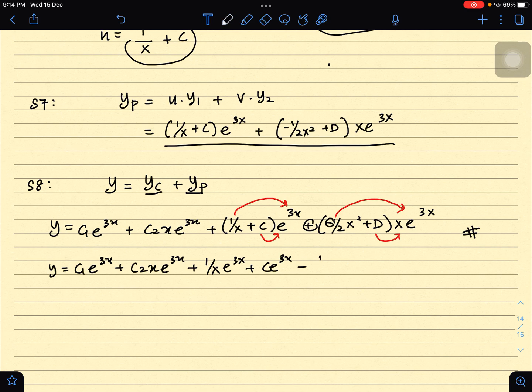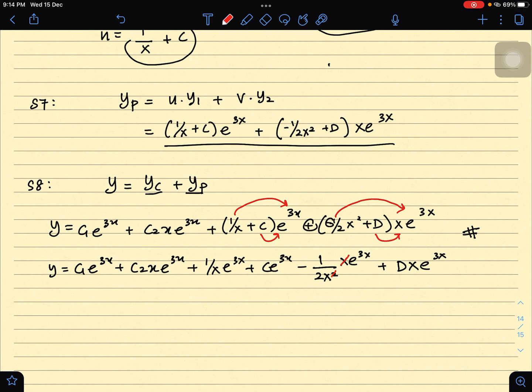Okay, ni plus dengan minus, minus 1/2X square X, 1/2X square darab dengan X exponent 3X plus DX exponent 3X. Okay kelas, so kalau awak tengok dekat sini, X dengan X square boleh potong 1, so tinggal 1/2X exponent 3X.